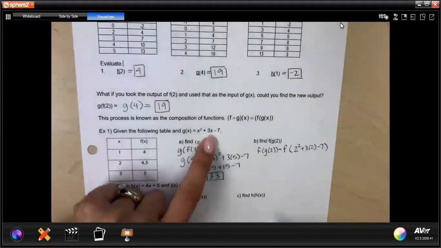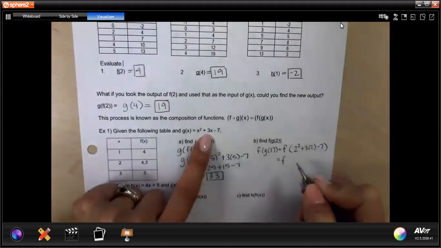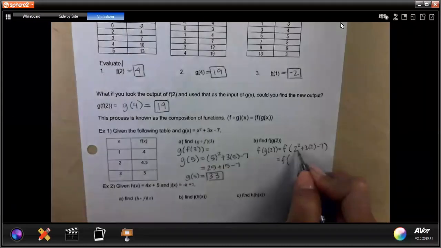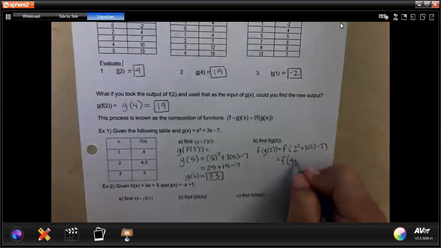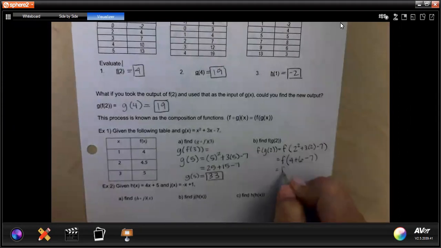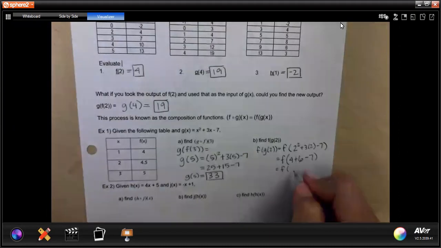I have substituted each one of those x values with a 2. I haven't touched my f yet, so I'm going to leave that on the outside there. 2 squared is 4. 3 times 2 is 6. And then when we finish up here, 4 plus 6 is 10, minus 7 is 3.